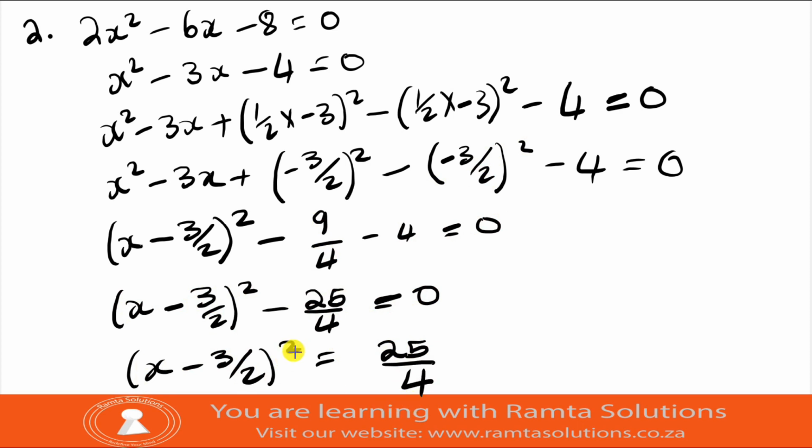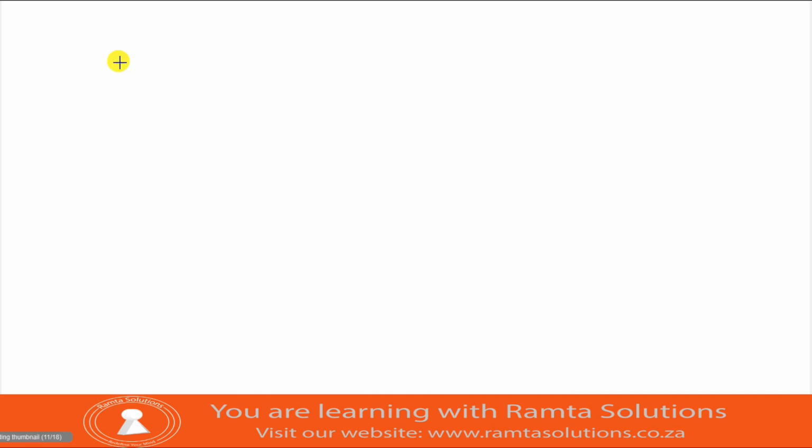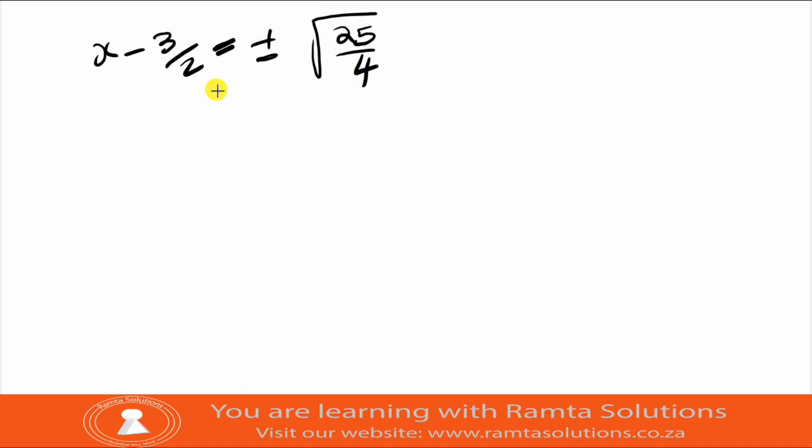Now, because this is a power 2, it will be plus minus the square root of this. So we have x minus 3 over 2 equals plus minus the square root of 25 over 4. These are perfect squares.